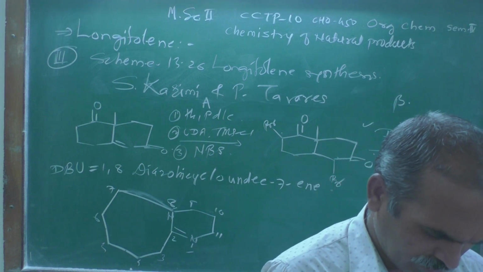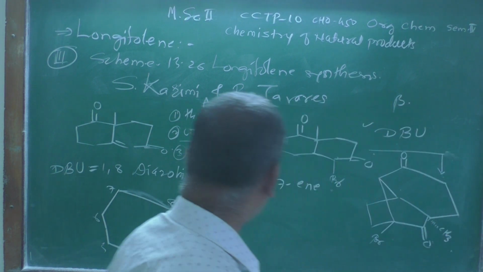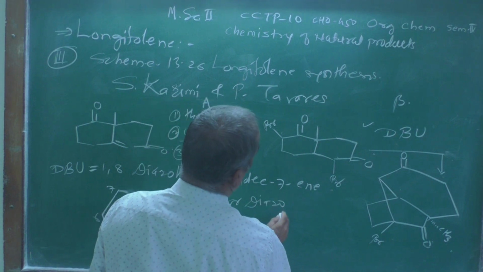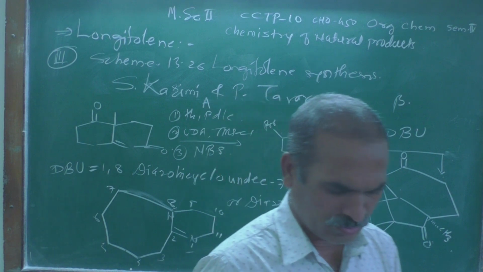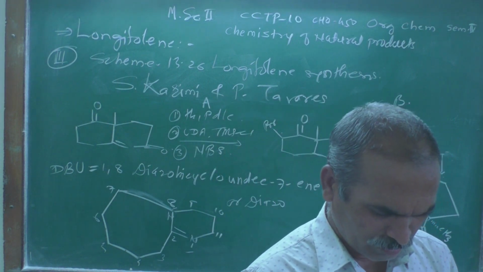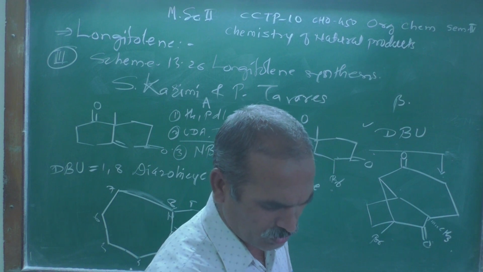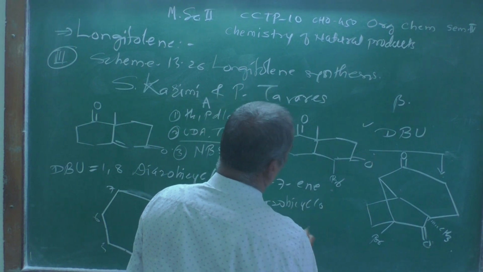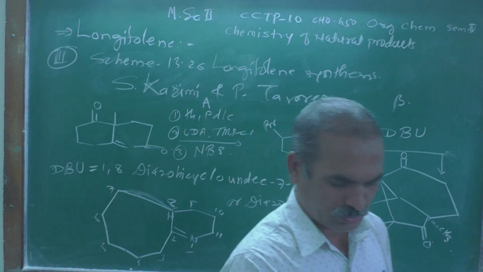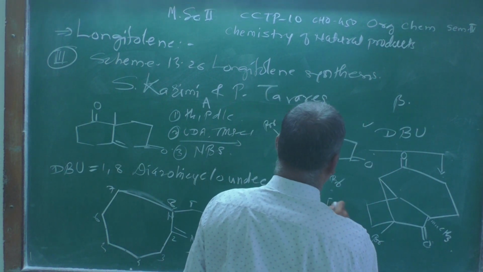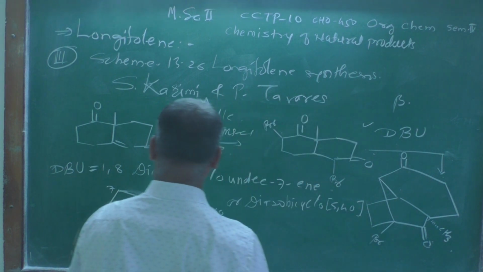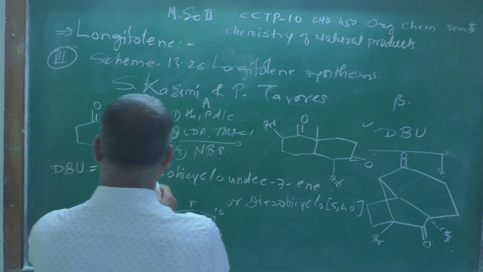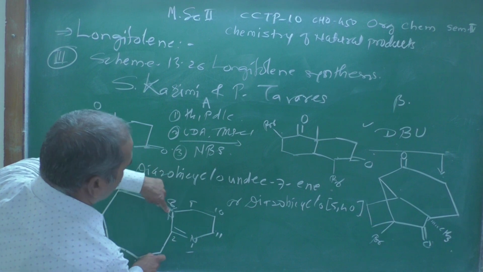The bicyclo descriptor is 5.4.0: this is the 0 junction, on one side 1, 2, 3, 4, and on this side 1, 2, 3, 4, 5 are there.